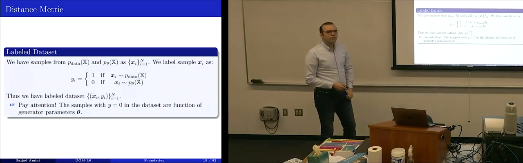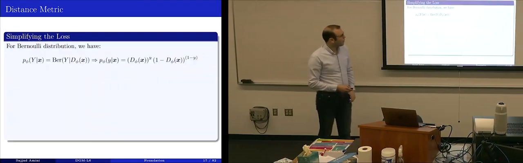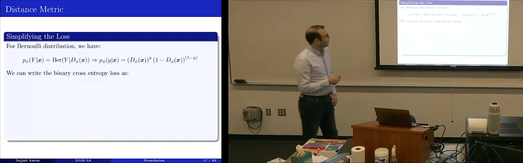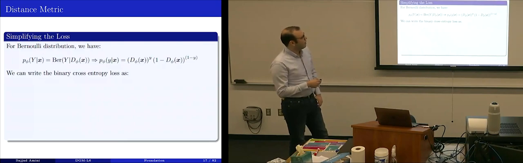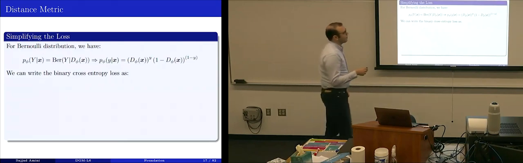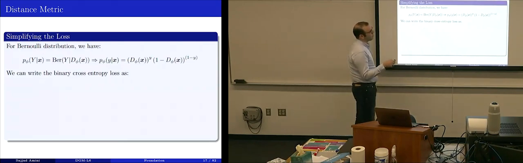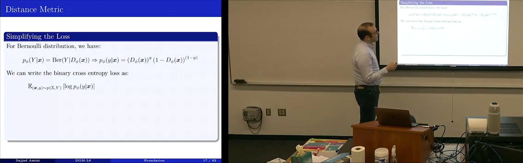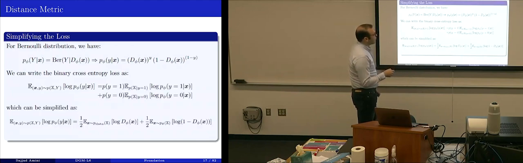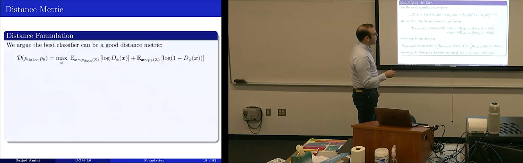It's equivalent to a distance metric to learn your model. So this was our classification. This was the conditional likelihood of class labels, and exactly this likelihood can be used as a distance metric.